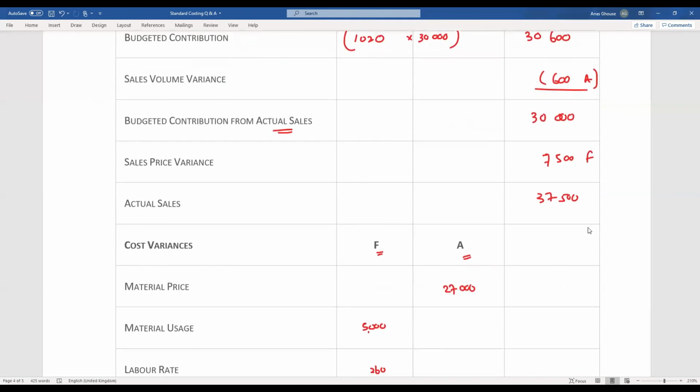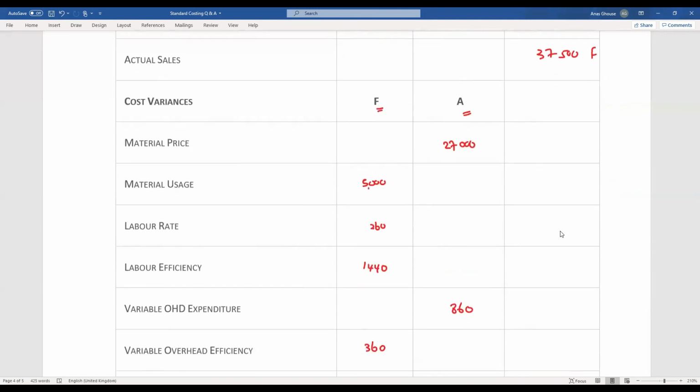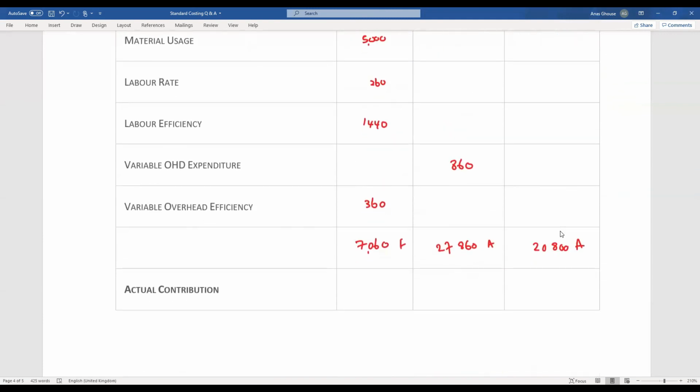So therefore, 37,500,000 favorable total actual sales minus cost 20,800,000, so that will be 16,700,000, which is our actual contribution.